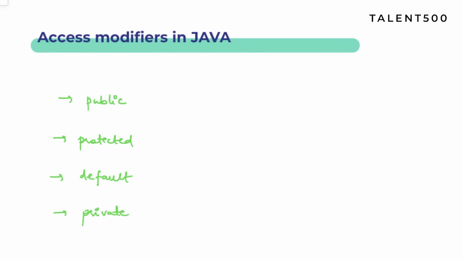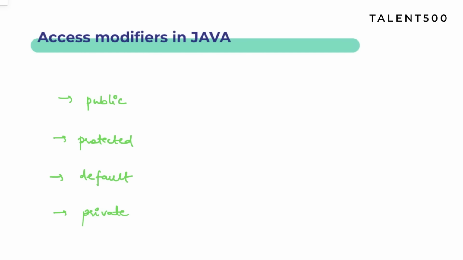Based upon that, you can build up the understanding of the public access modifier. And then you can say that if it is public, it is going to be available always, at all the places. Similarly, if you talk about protected, you can say who is very protected? Our parents are protected. So whenever you have a parent-child relationship, that is where this protected access modifier is going to come into the picture.